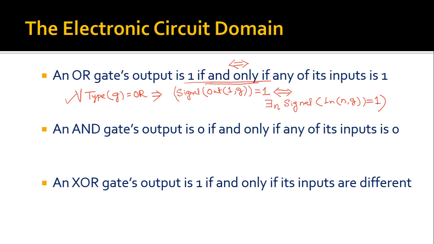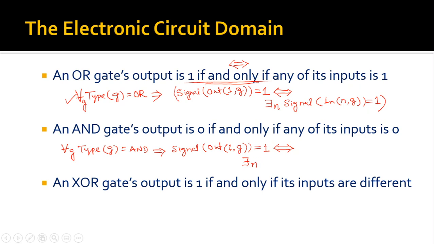We need to say for all G, type G equal to AND implies the signal at the output, it has only one output terminal, out 1 G equal to 1 if and only if you have at least one terminal where the signal is 0.